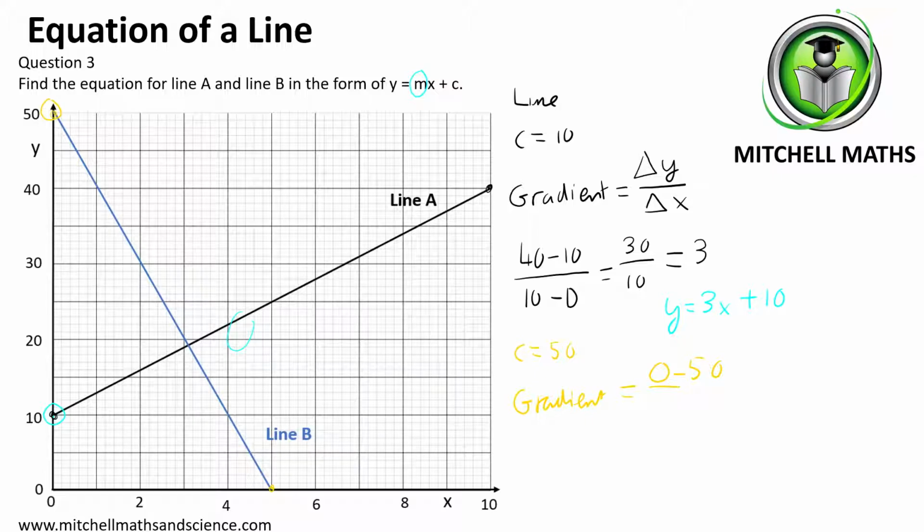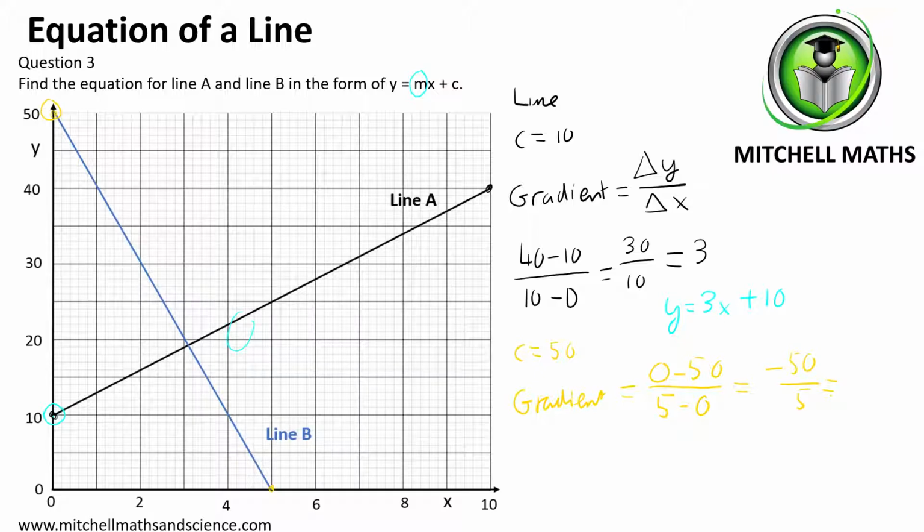So if you work out the gradient and it's not negative, you know you've done something slightly wrong. At this coordinate, the x is 5, and the x value at this coordinate is 0. Therefore, it's going to be 5 minus 0, which will give me minus 50 over 5.